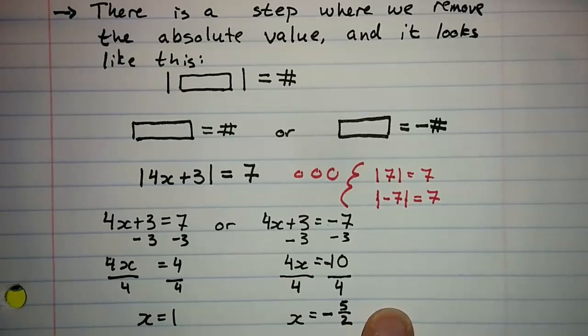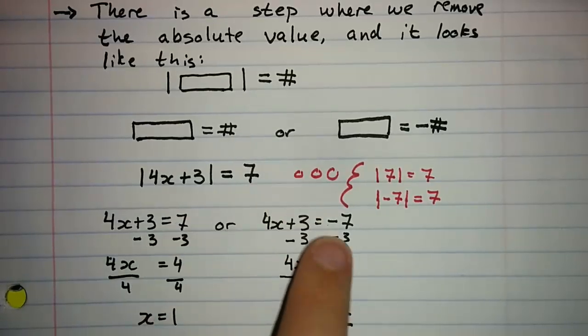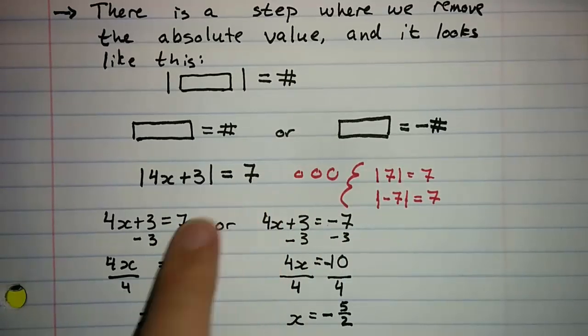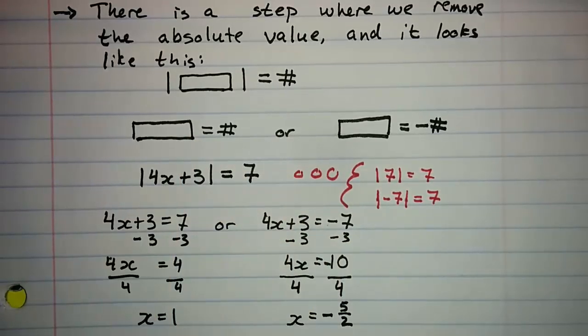We can have one solution be a fraction and the other one a whole number. That's no problem. We could have one negative and one positive solution. We could have both negative. We could have both positive. All no problem. The place where we take either the positive or the negative version of a number is in this step where we remove the absolute value.